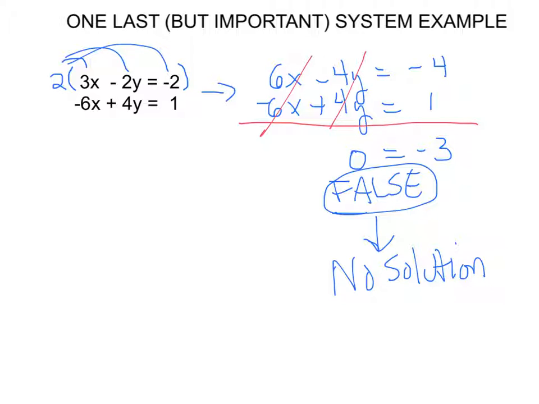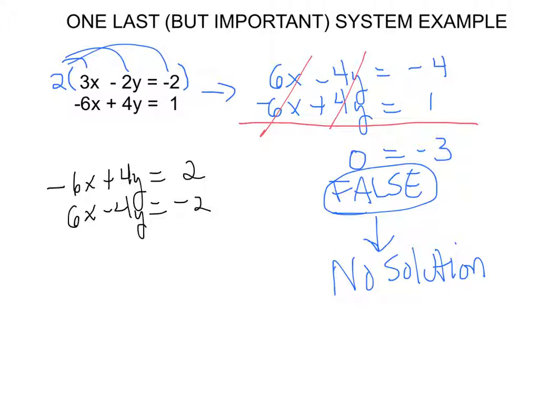Now, here's the thing. You can't always assume that when your x's and y's disappear that you end up with no solution, because let's say we had the following example. Let's say we ended up with something that looked like negative 6x plus 4y is equal to 2, and 6x minus 4y is equal to negative 2.